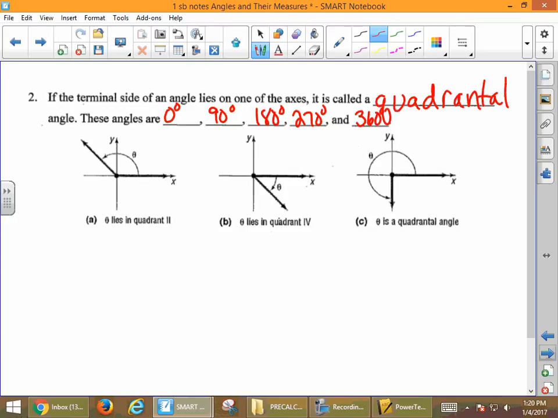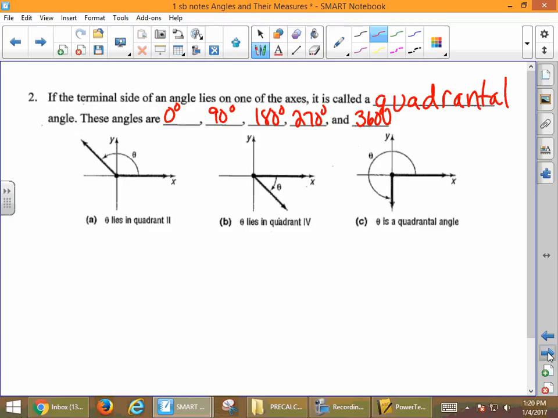Just to talk about one more time here, if we look at picture A, once again, the initial side of the angle is along the x-axis, and the terminal side is in the second quadrant. We're measuring our angle in a counterclockwise direction, so we have a positive angle.